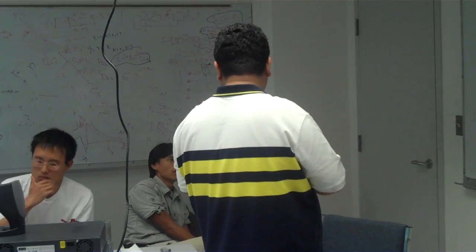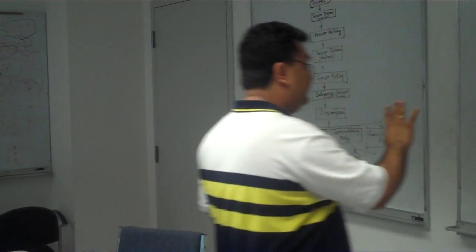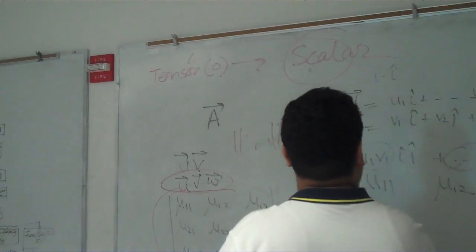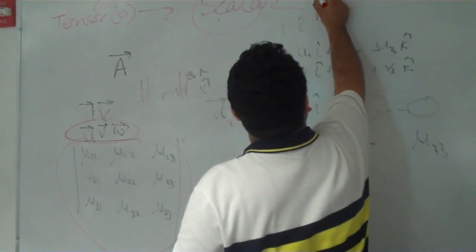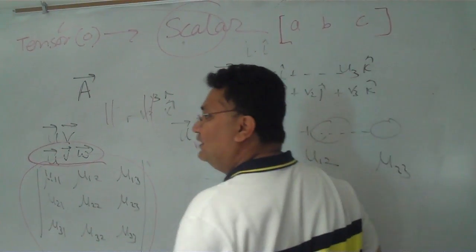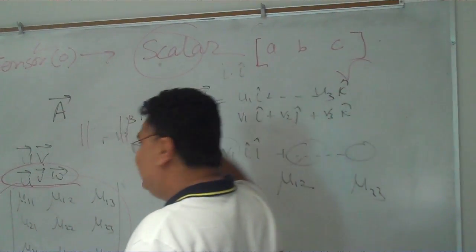Honestly, I didn't see its magnitude anywhere, but if a vector is represented by this array, A I cap, B J cap, C K cap, its magnitude is the norm of this.